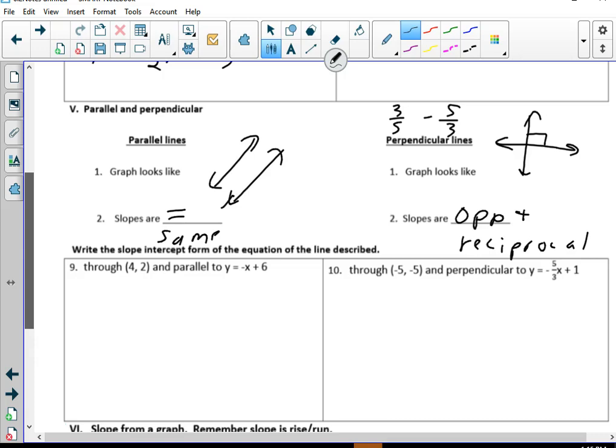Okay? One's positive, one's negative. And think about it, it makes sense. If one line is going this way, positive, if this one's intersecting at 90 degrees, it's got to be negative. Okay? So opposite and reciprocal. So 3, 5, 5, 3.